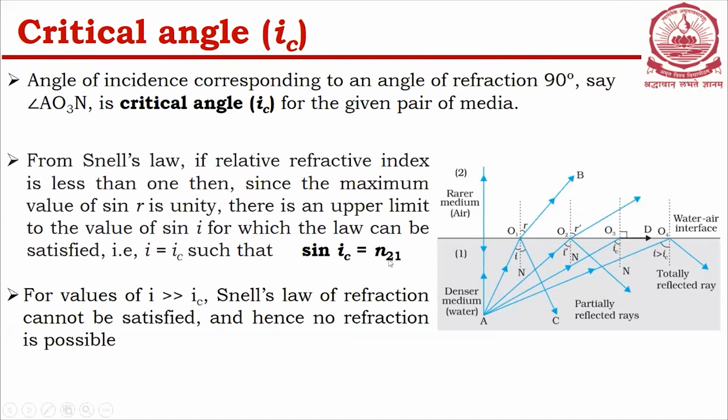N21 is the refractive index of the second medium with respect to the first medium. If i is greater than the critical angle, in this case Snell's law of refraction cannot be satisfied. Obviously, from this relation you can find out that Snell's law of refraction cannot be satisfied, and hence no refraction is possible. This is the critical angle and total internal reflection.